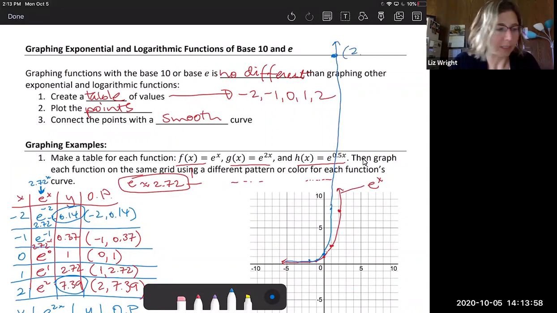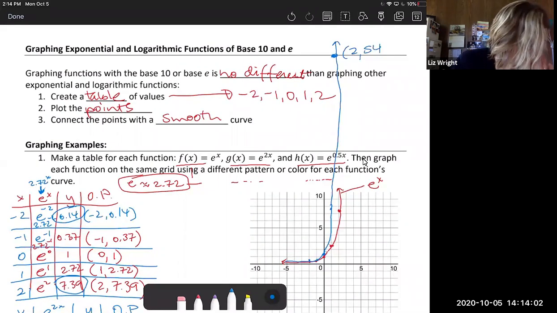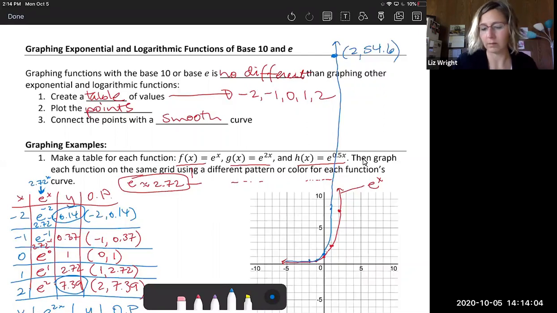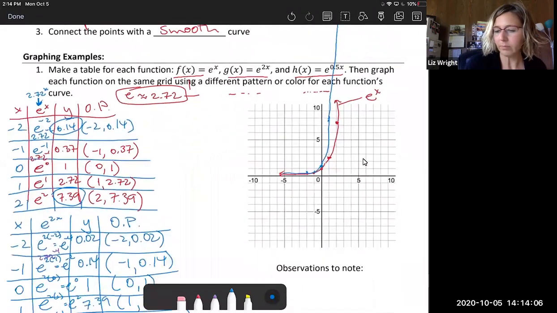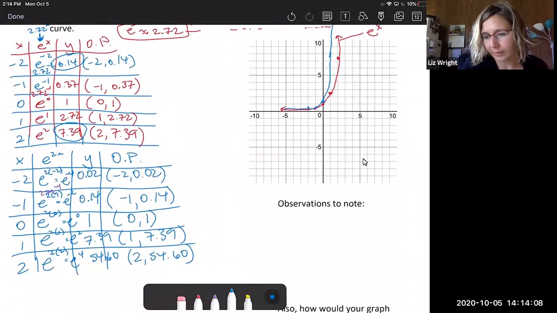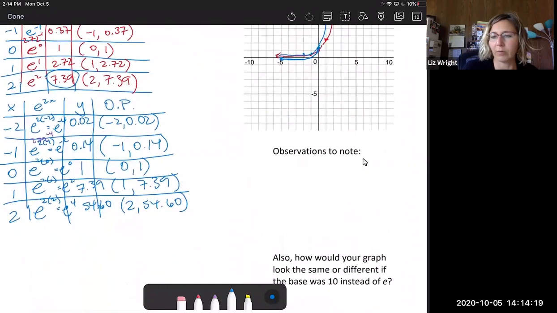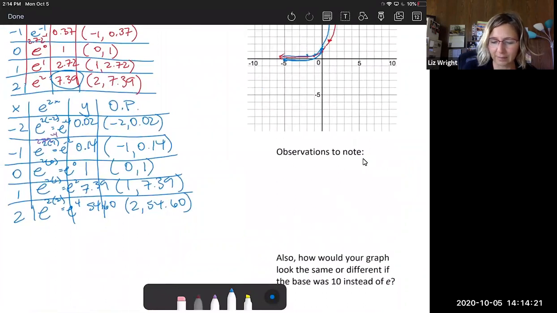And then this one's going to be 2, like 54, what was it? 54.6, yeah, 54.6 there. And my line keeps moving, so I hope you saw it before it keeps moving. So the blue is underneath that red line, and then it finally crosses at 0, 1. But I'm sure next time I rotate around, see, it just moved again. Sweet. All right.